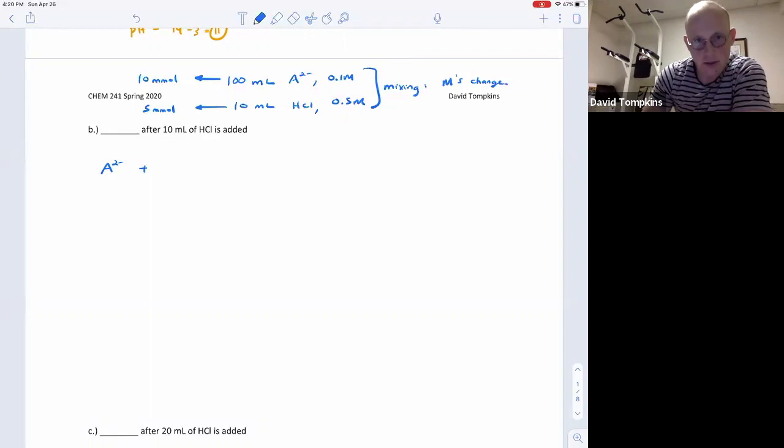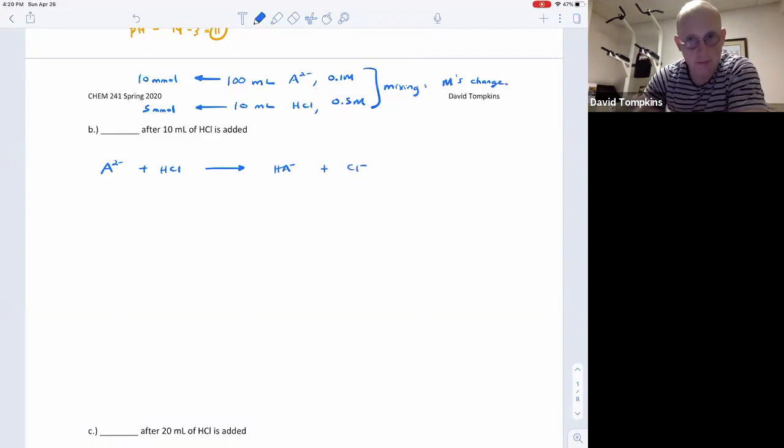So if we add the dibasic form with a strong acid, it's going to give us protonation to give the monoprotic acid and the chloride.